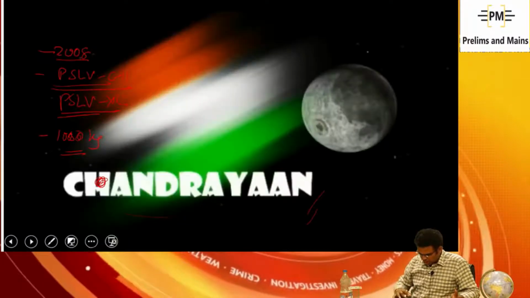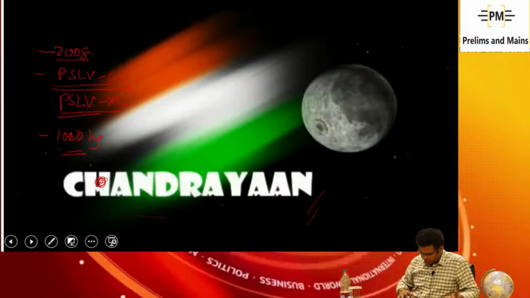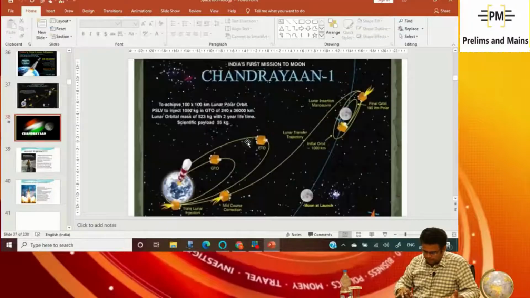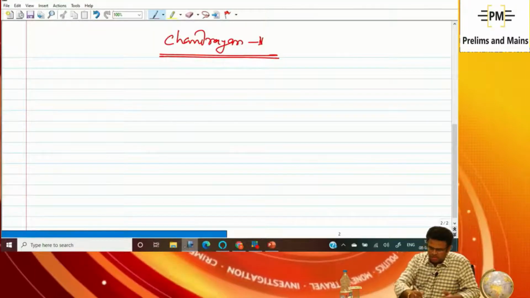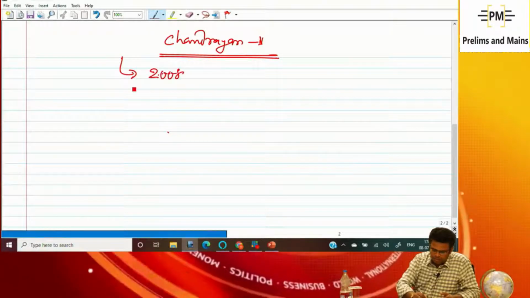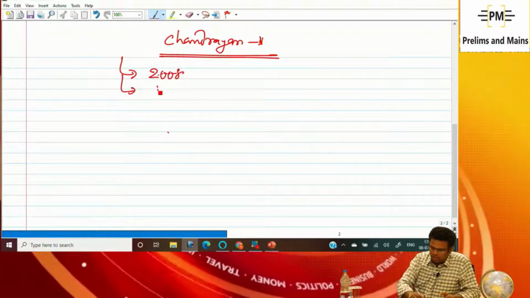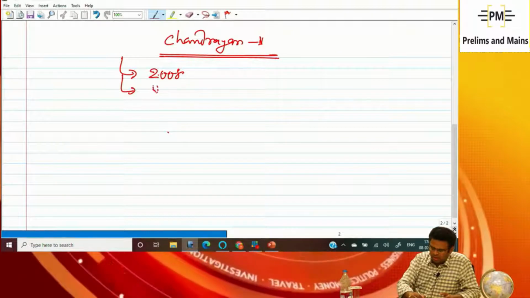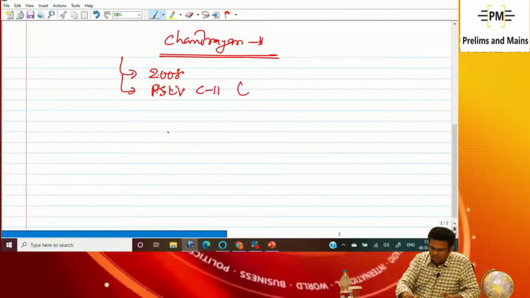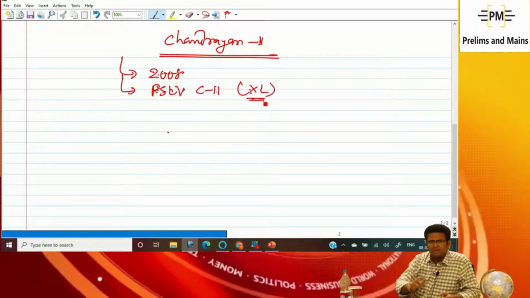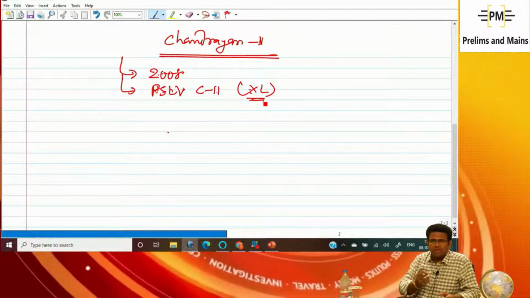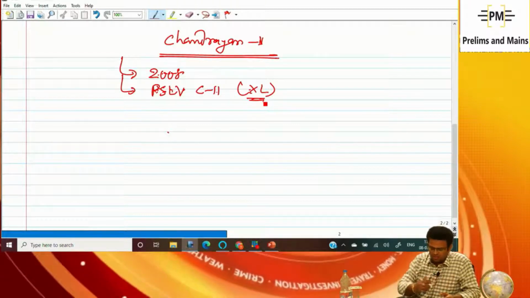Chandrayaan 1 had been sent in 2008 with PSLV C11, or the XL variant. If you are not writing XL, it doesn't matter at all, because PPSC does not ask it in either prelims or mains, but you should remember the variants.